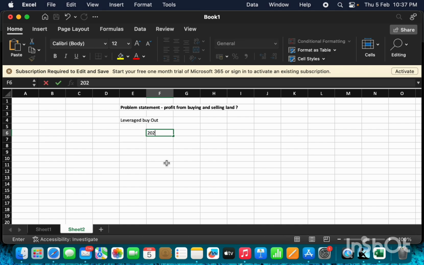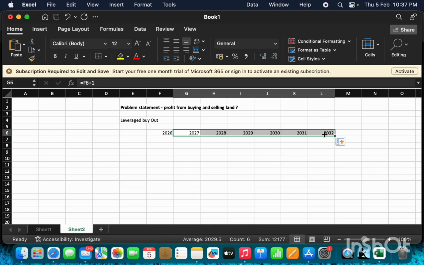So let's take the present year, and I'm just going to do equals plus 1. If I drag this simply, let's take a 6 to 7 year time horizon.